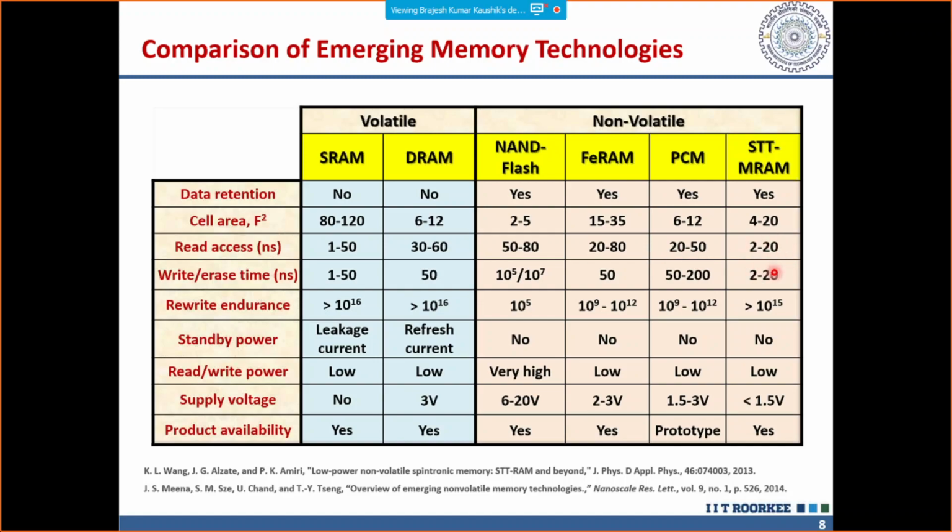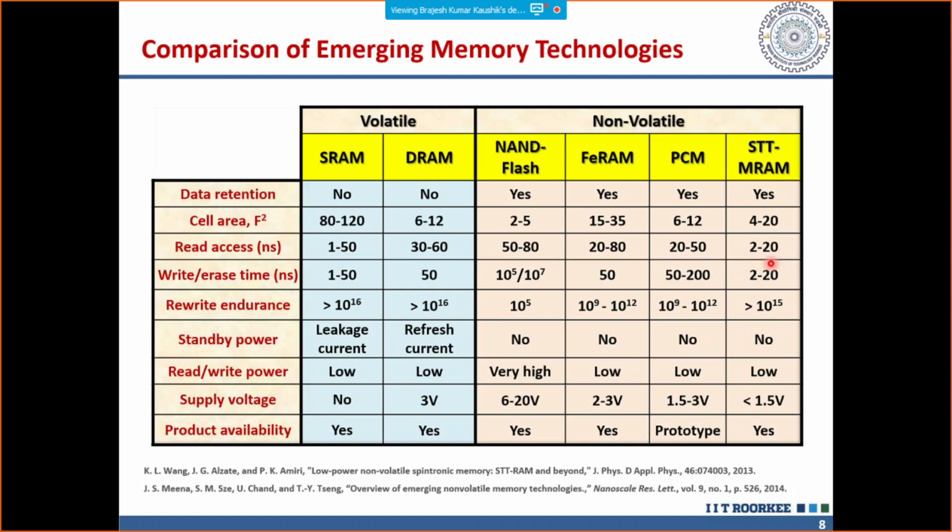Your STT-MRAM has 2 to 20, which is again on the lower side of the SRAMs. So if you see the cell area and the read access time, they are on the lower side of SRAMs. They are really good enough.